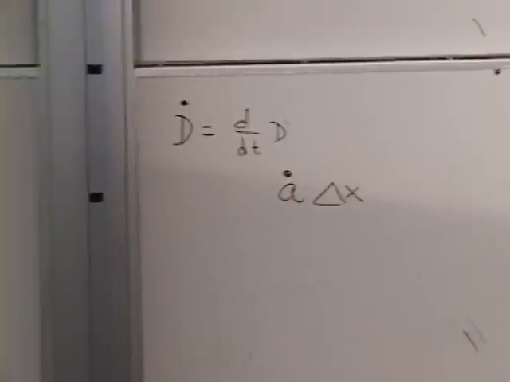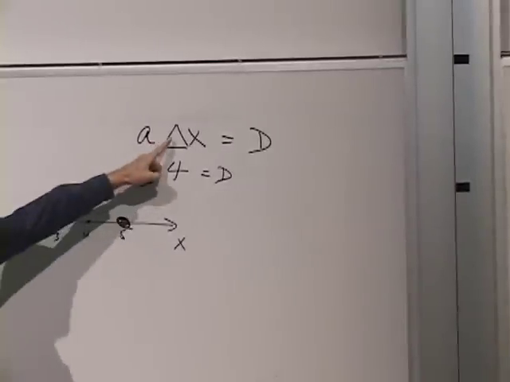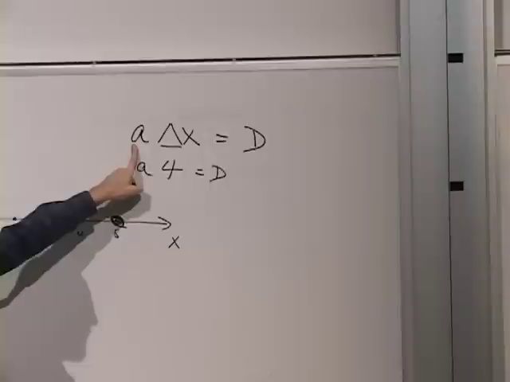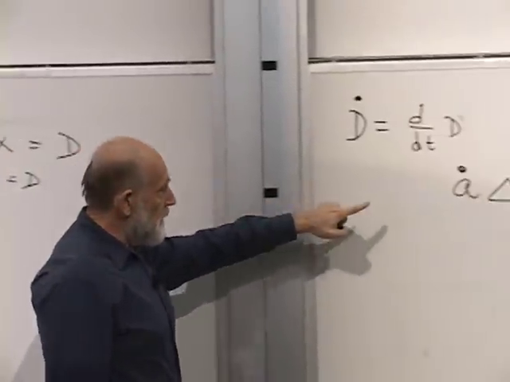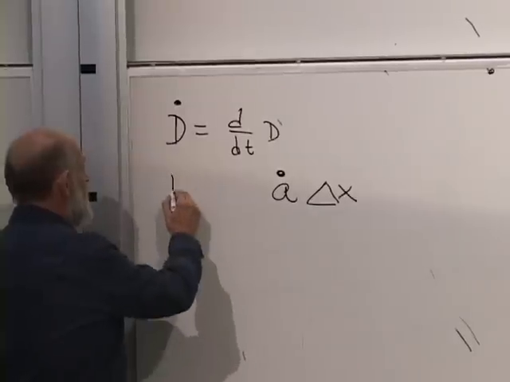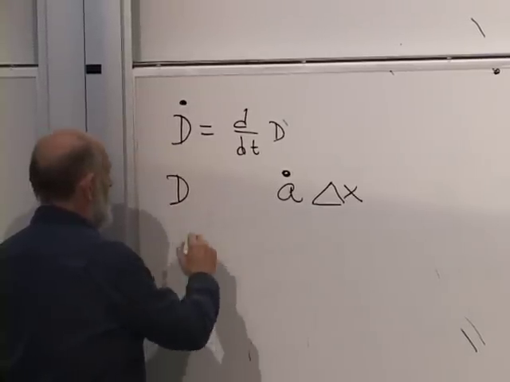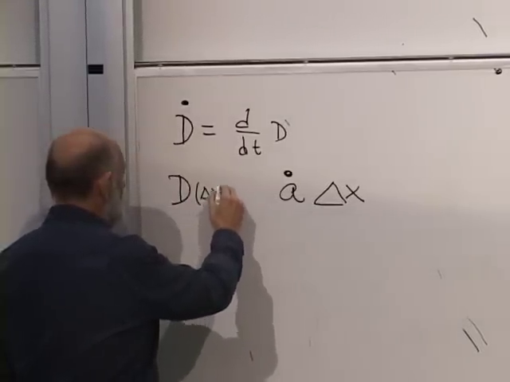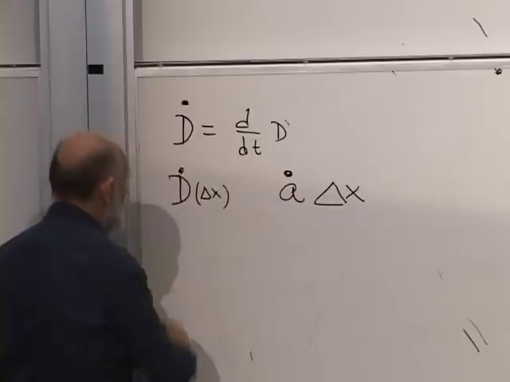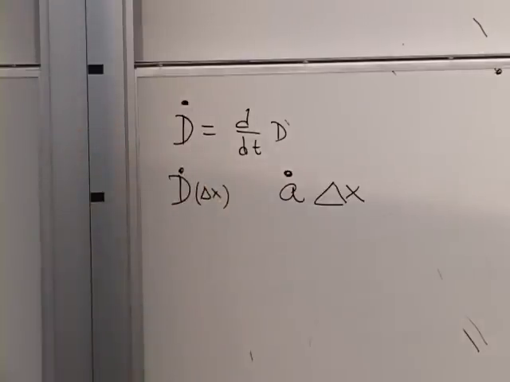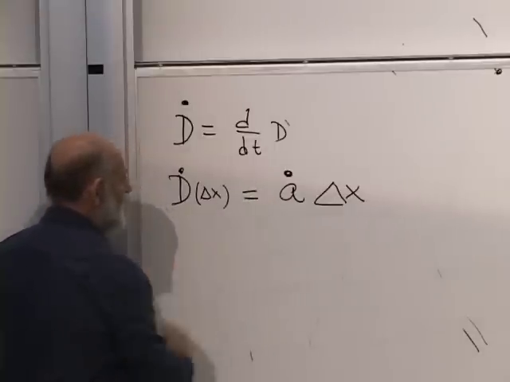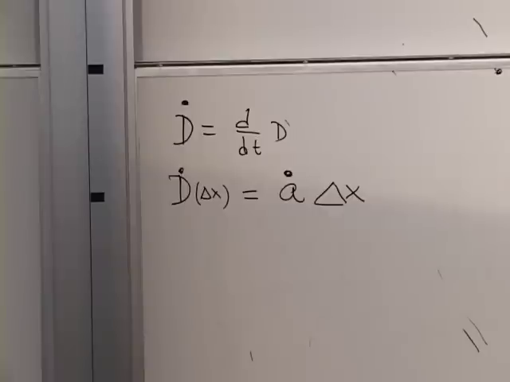The time rate of change of a product like this, if one of the factors is not changing, is just that factor times the time derivative of the other one. So this is the rate at which d changes with time. Let's call it d of delta x, the distance between 2 points separated by delta x. That's just this. What do we call this?